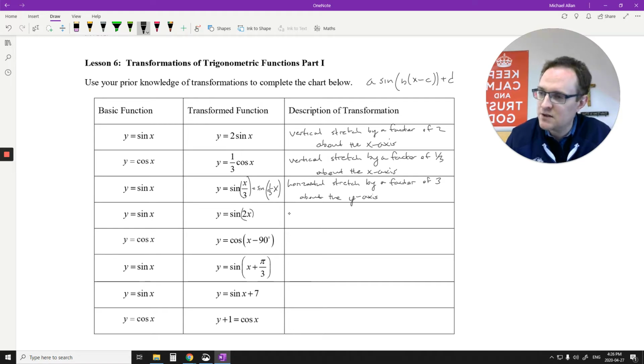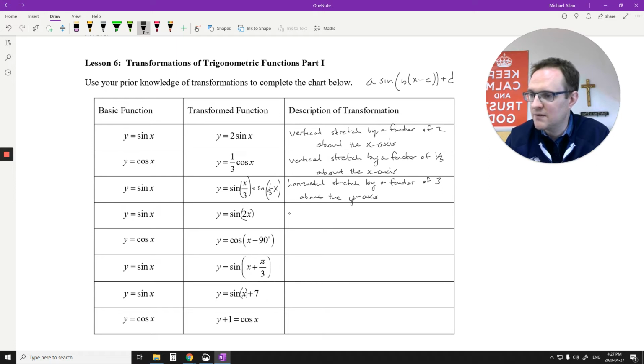Okay, now this 2 is inside. When they write it that way, without brackets, they assume that whatever is right after the sine is inside the brackets. So you see down here, if you go further down to this one, you can't assume the +7 is outside because they didn't write the parentheses here. So only things that are immediately after the sine are considered to be inside of the parentheses, and that 7 is outside. Like the sine, the 2 and the x are immediately after the sine. There's no plus signs or anything.